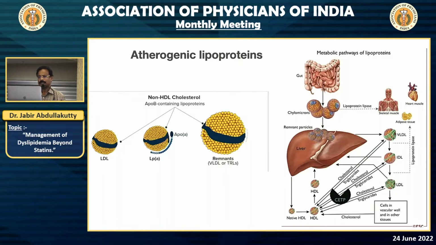It's a pretty complex mechanism, but 2 or 3 things are important. The liver plays a major role in the metabolism of LDL, where the LDL receptors on the surface of the liver take up the LDL which is in the circulation.